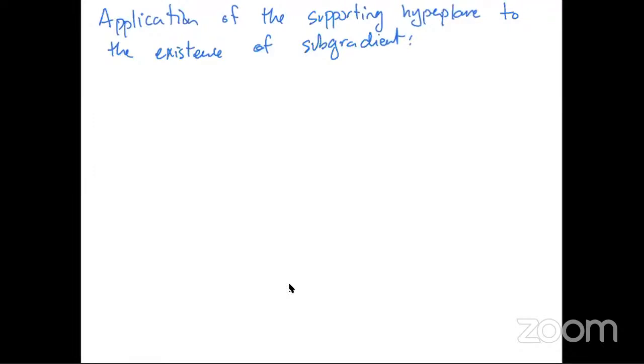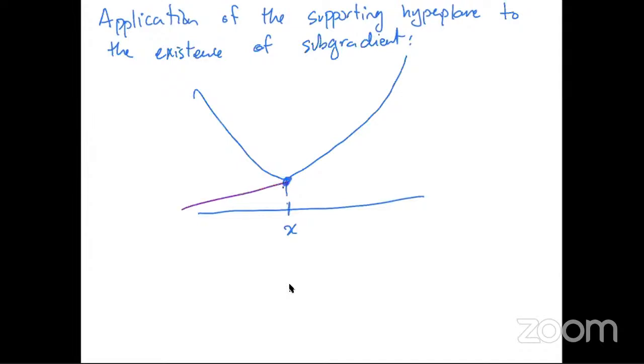So let's say I have my function, and this is my point x, and I want to show that there exists a subgradient. Obviously here we do see that there exists a subgradient. For example, we see that this line is a global lower bound on my function.